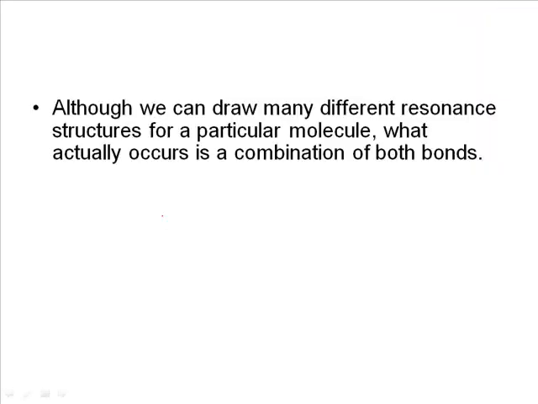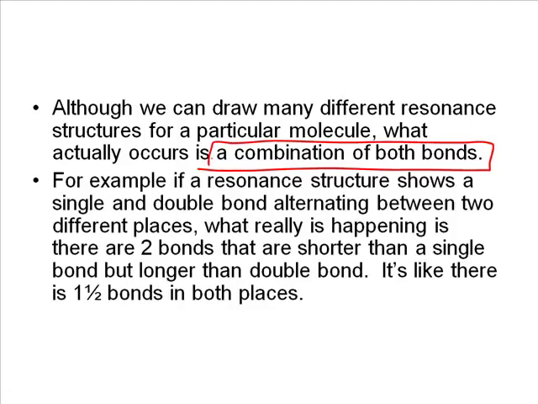Okay, and although we can draw many different resonance structures for a particular molecule, what actually occurs is a combination of both bonds. So you've got both the single and the double bond really existing at the same time in both places.